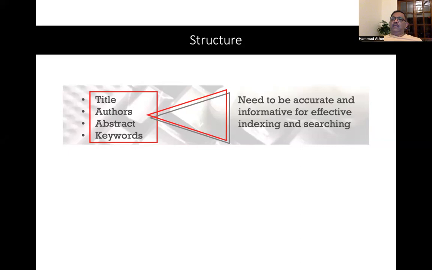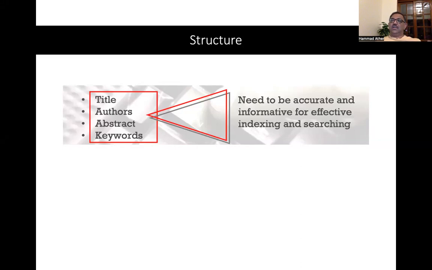So let's look at the structure one by one, and we will talk about each section of your manuscript and what the do's and don'ts are. So the title, authors, abstract, and keywords, they are all important, because based upon this information, your published work will be screened by the search engine using the keywords.